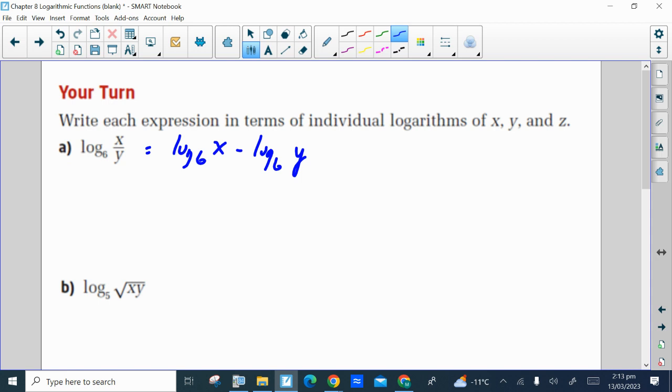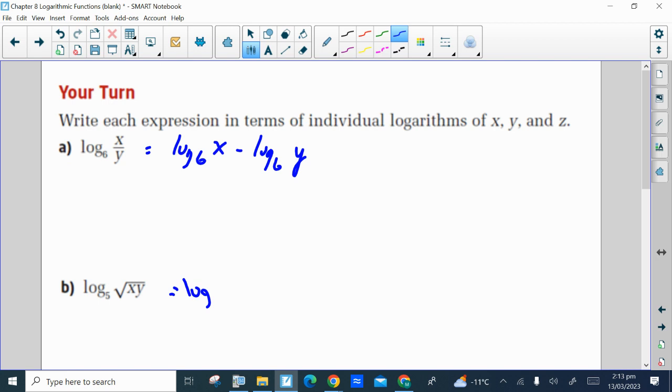Remember, the laws of logarithms are connected to the laws of exponents. When you divide powers with the same base, you subtract the exponents, keep the base the same. So now when you have a quotient involving a log, you subtract the individual logs with the same base. So they are connected.